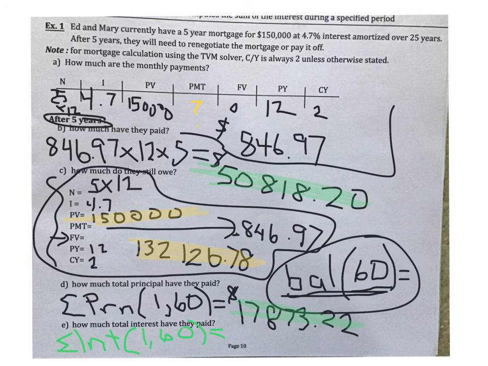So I'll just squeeze this in here. For the last one, I get $32,944.98. So that's how much interest you have paid in those 5 years. So about $33,000 of interest in those 5 years.